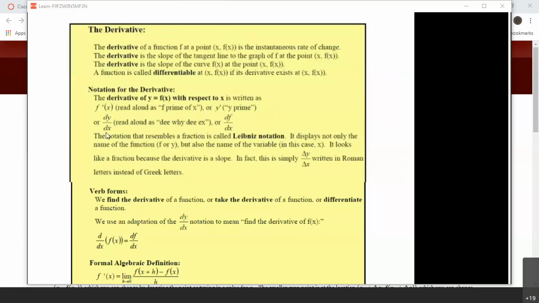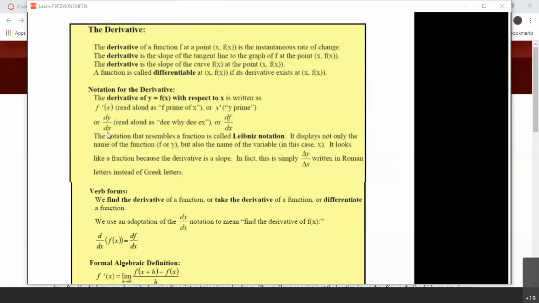And again, this is going to be useful when we want to know what variable is the input variable. This has the x right down here and we can see it. So again, dy dx or df dx, more commonly like this. This is called Leibniz notation after the mathematician who invented it.